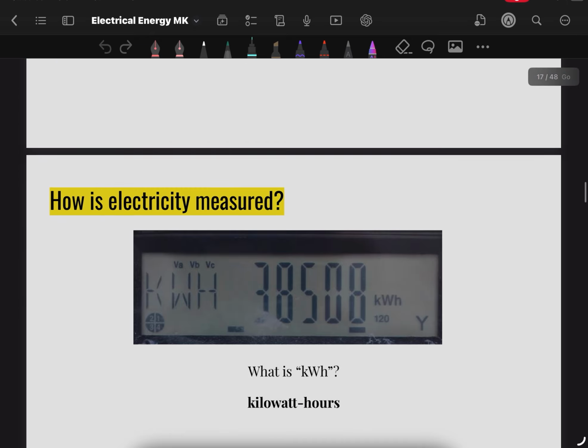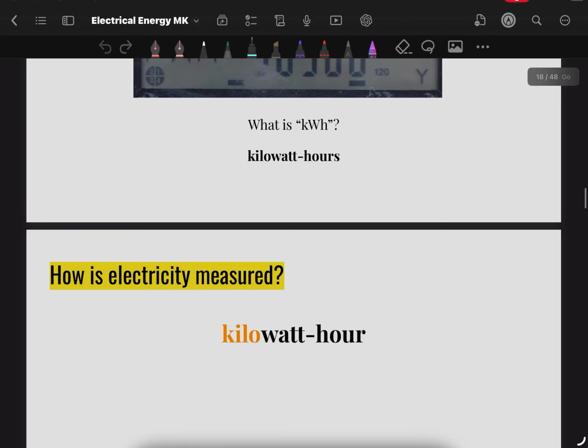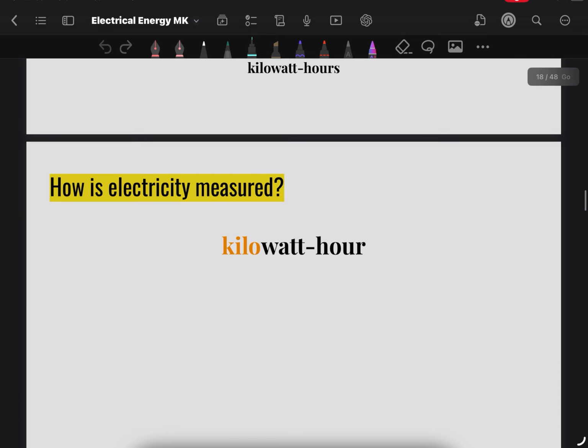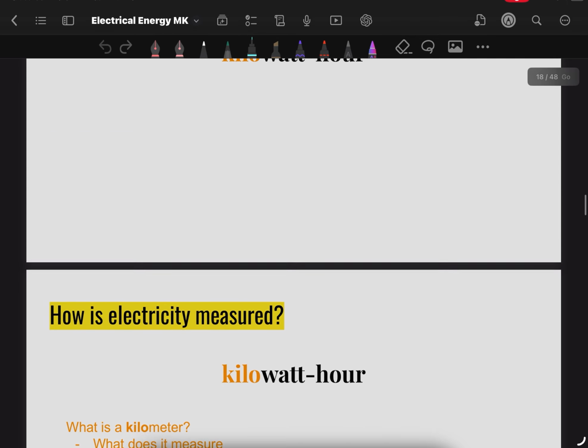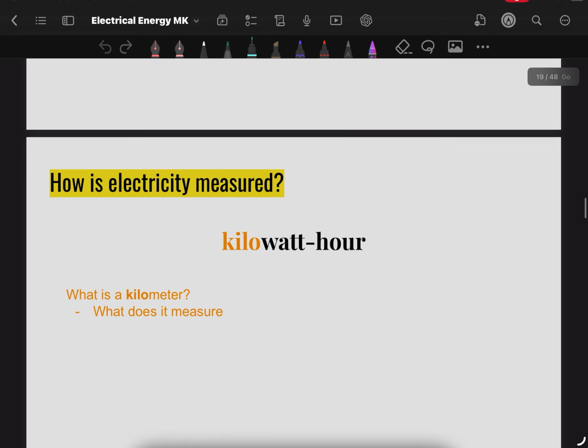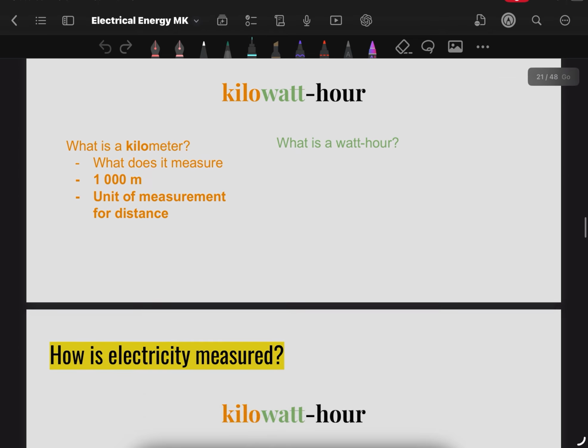Kilowatt hours. The way we think of this is that kilo stands for 1,000. A watt hour stands for the amount of watts in an hour, and it's basically just a measure of energy.